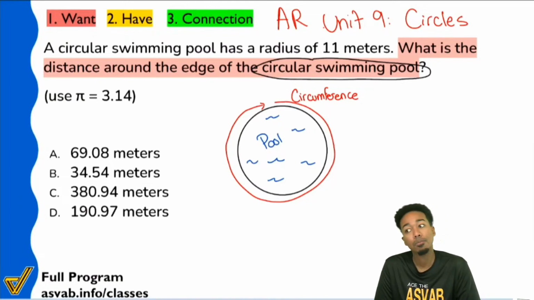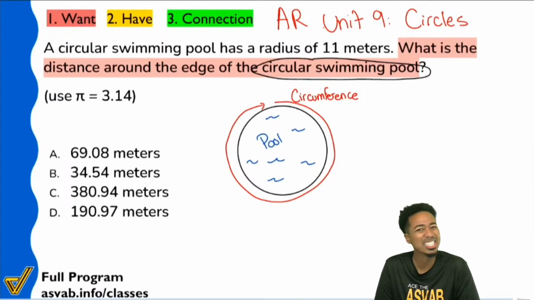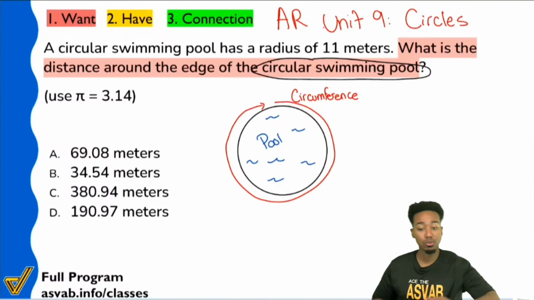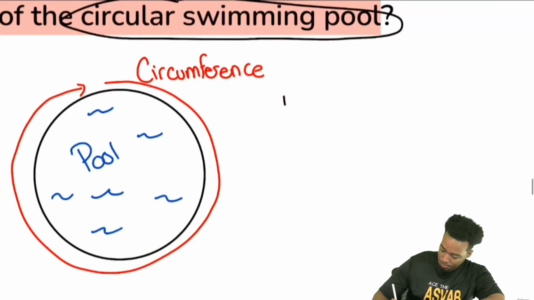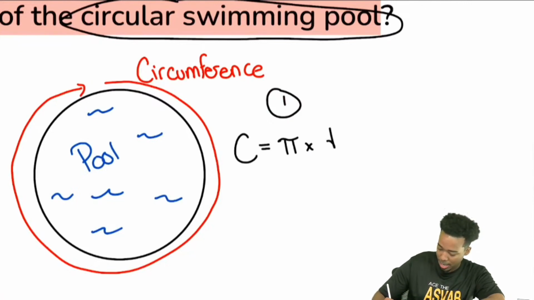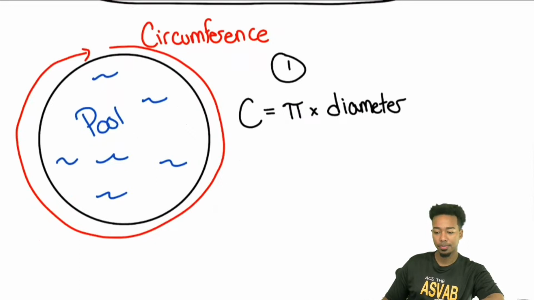The crazy thing about the circumference formula for a circle is that there are two formulas, but they're essentially the same thing. I'm going to give you the first one, and I would like for you guys to give me the second one. Formula 1, not racing, is circumference equals pi times diameter. Can you give me the other formula, everybody?